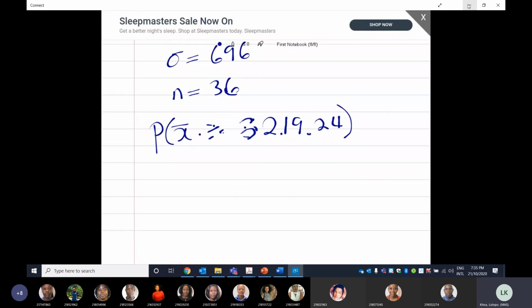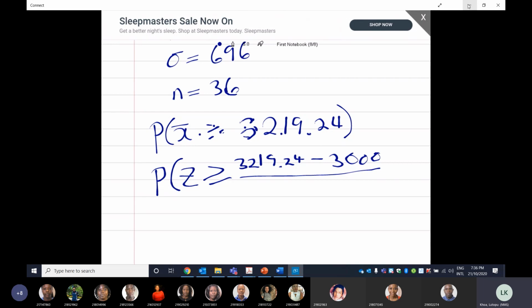So when we do that, we have P, and when we standardize x bar, we get Z, and we say that Z is greater than or equal to 3219.24, and then we subtract the mean, which is 3,000, all divided by sigma, which is 696, divided by the square root of n, which is 36.